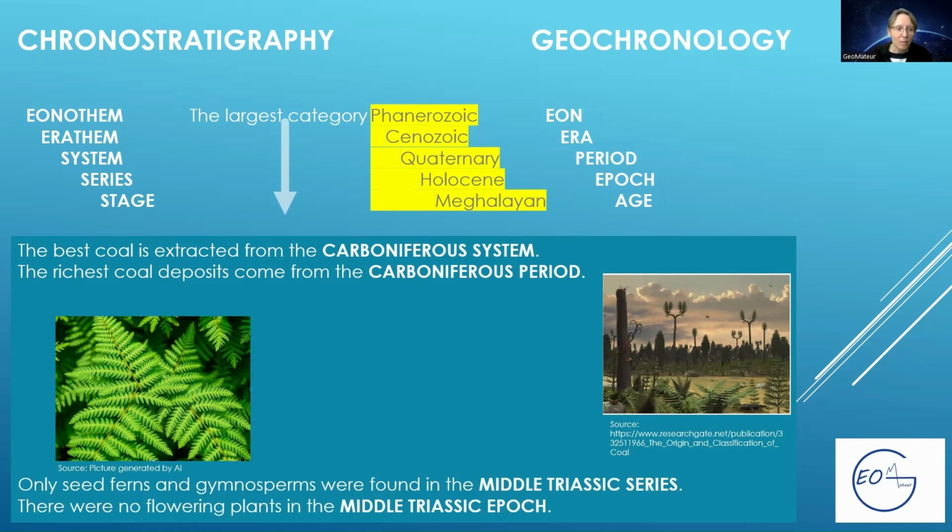Another one. Only seed ferns and gymnosperms were found in the Middle Triassic series. So again, we are talking about a physical layer. There were no flowering plants in the Middle Triassic epoch because we're describing the time.